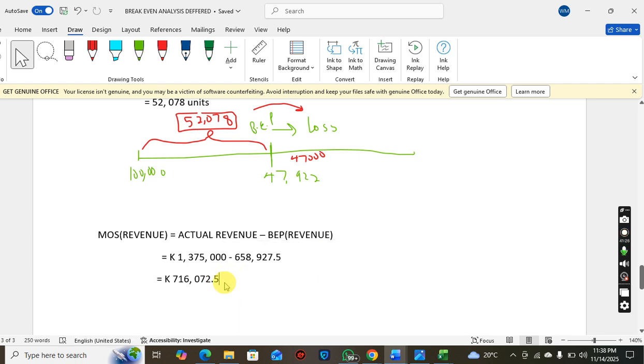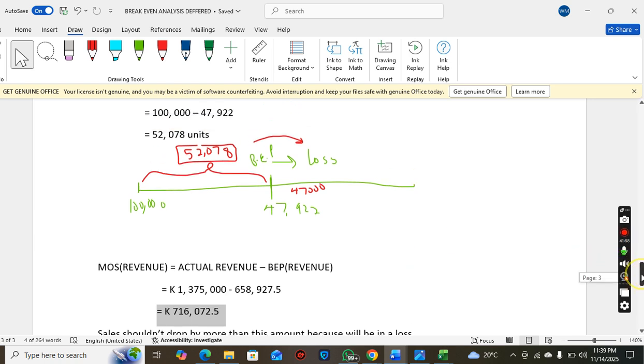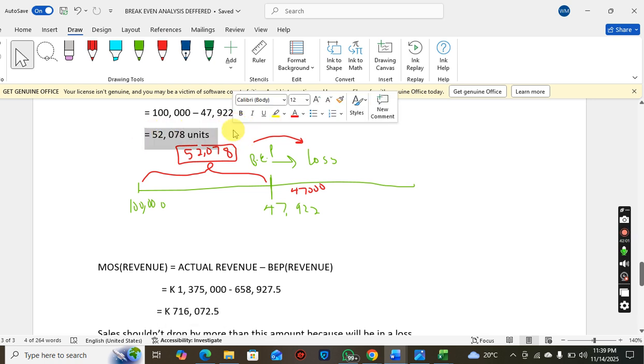Sales shouldn't drop by more than this amount because we'll be in a loss. If sales drop by this exact amount, we've broken even. But if the sales drop beyond this amount, we're in a loss. Even with the units, the number of units shouldn't drop more than this amount, otherwise we'll be in a loss.